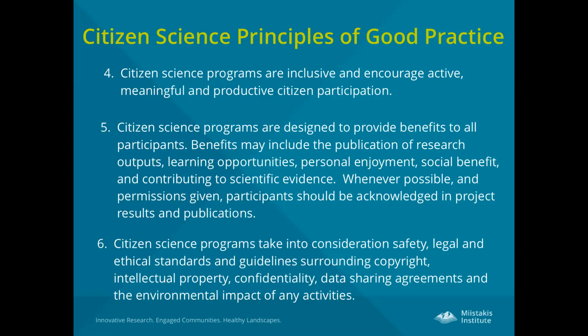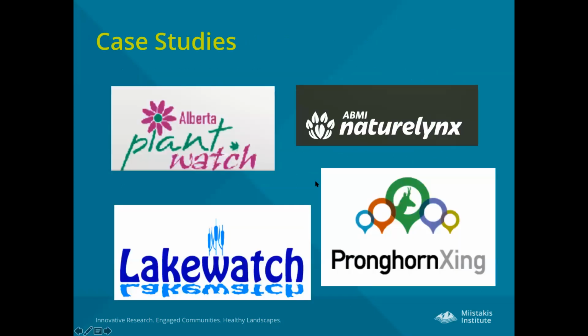Fifth, that programs are designed to provide benefit to all participants. And sixth, that citizen science programs take into consideration safety, legal, and ethical standards and guidelines as well. So these were the 6 draft principles that are being put forward by the government.